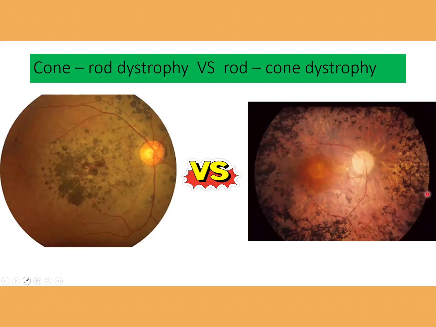The RP patient will not have initial reduction of vision, they will just have night blindness. But the cone rod dystrophy patient will have reduced vision, photophobia with glare issue, right? And also central scotoma. So this is how you need to differentiate between these two conditions.